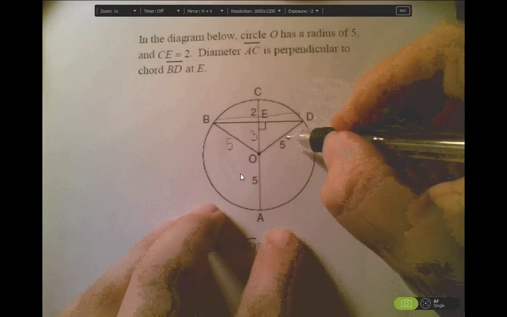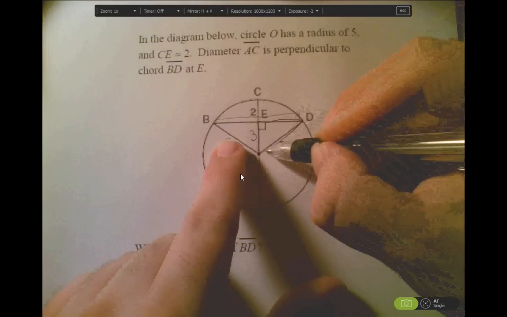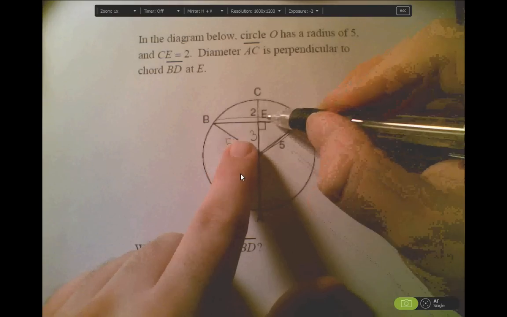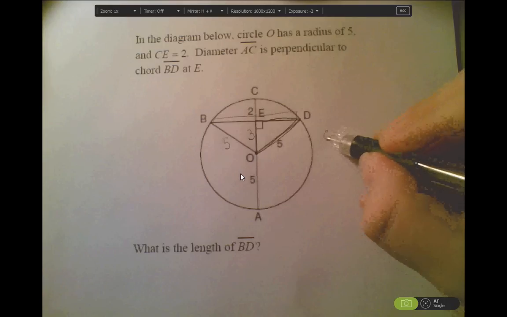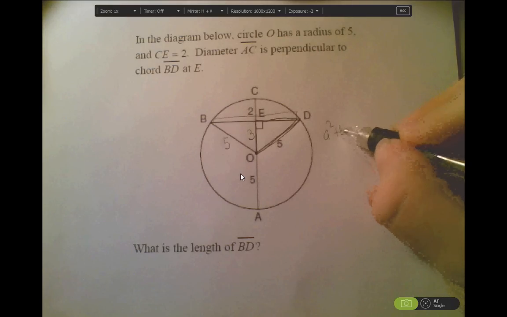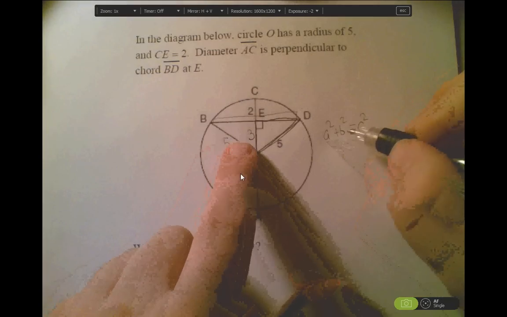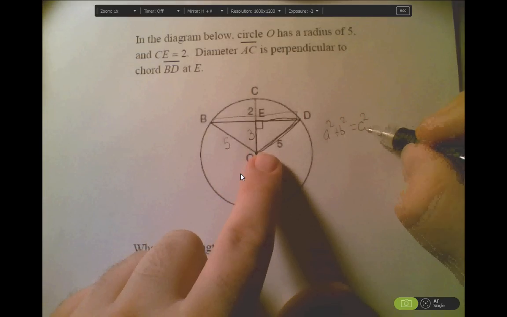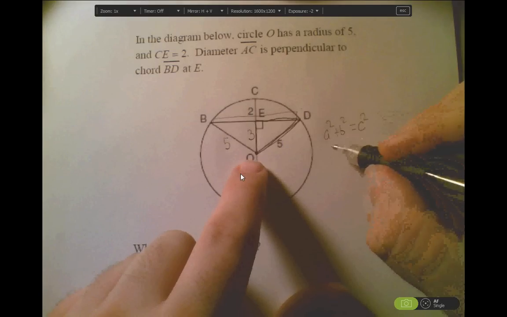Now, if I have that, now I can just look at this over here and I notice, oh look, I've got a right triangle. And I have 2 of the sides. I can figure out what ED is. Now, what theorem can we use? Pythagorean theorem. A squared plus B squared equals C squared. And remember, A and B are going to be the shorter parts, and C is going to be the largest side of the triangle.